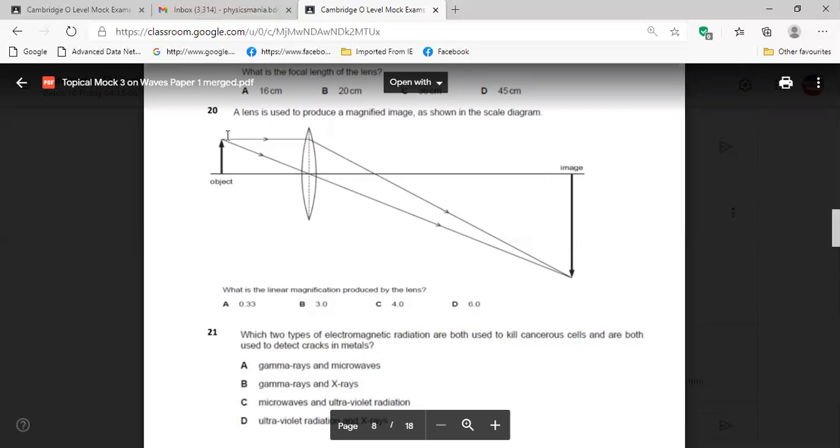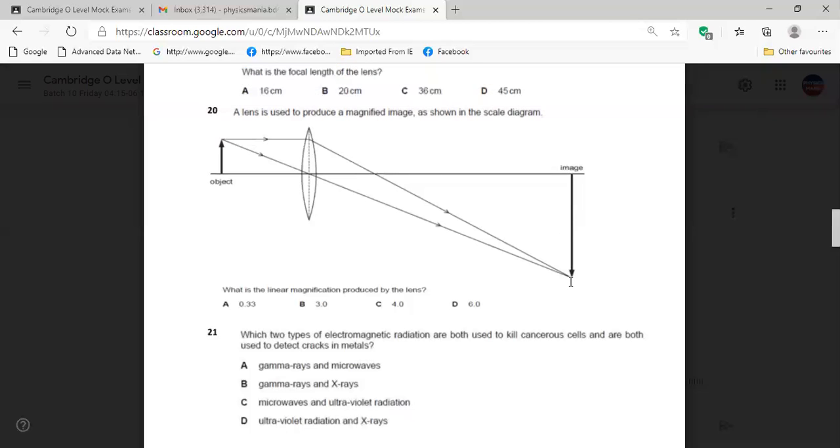Till here where the rays start. So it will be 1.34. Then you take that one.